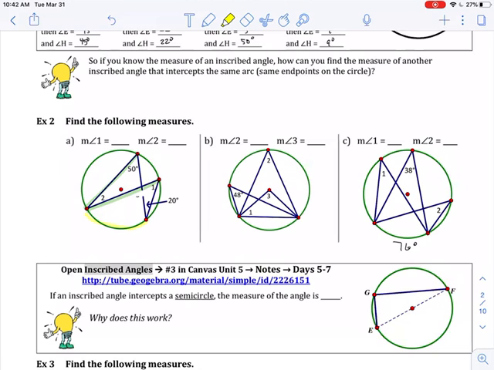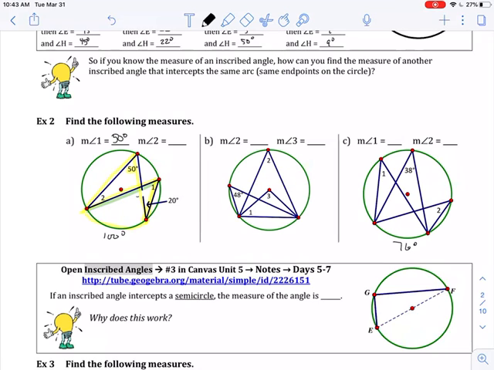In order to figure this out, I have to see that this inscribed angle right here, 50, this arc would be double that, so this arc right here would be 100. If this is 100, you'll see angle 1 intercepts that same arc. So those angles are going to be the same. So angle 1 would be 50 degrees.